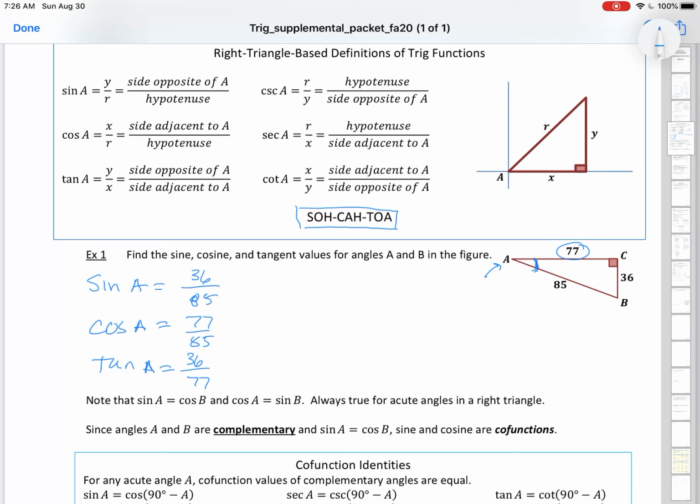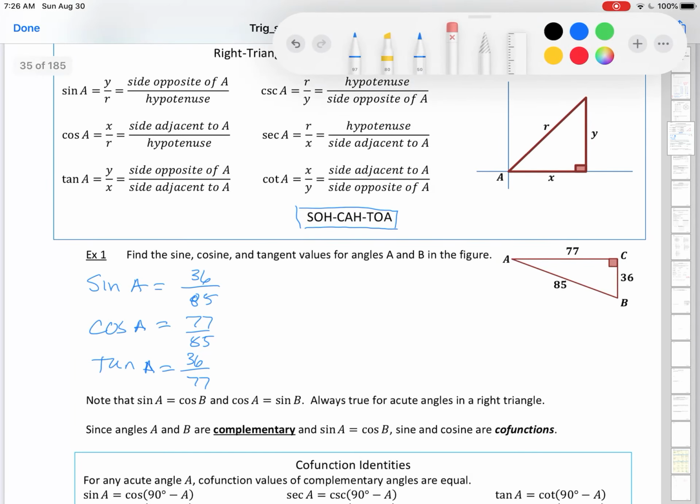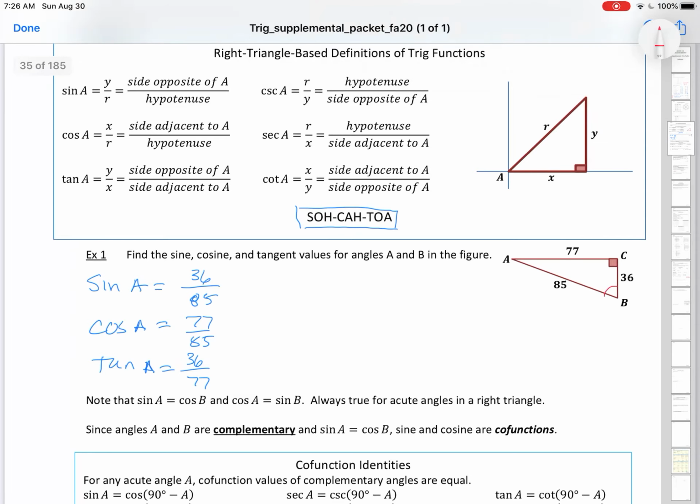So that dealt with angle A. Now let's go get angle B. We'll do that in red. Sine of angle B is the opposite side, which in this case happens to be 77 over 85. Notice something: the cosine of A and the sine of B match. That's because they are complementary angles.